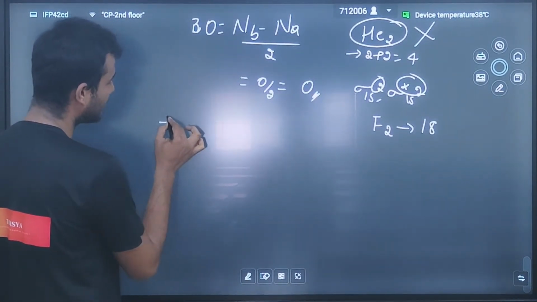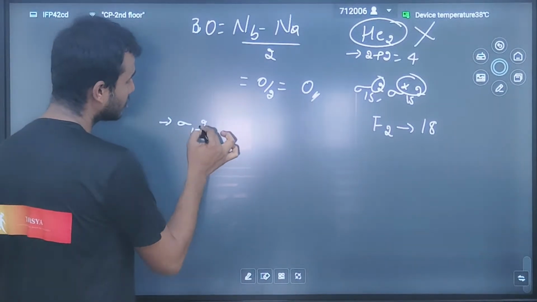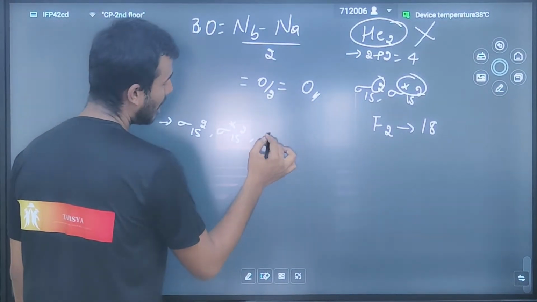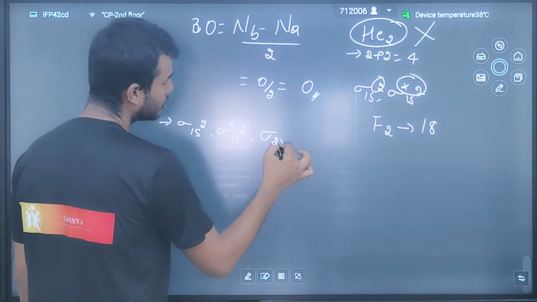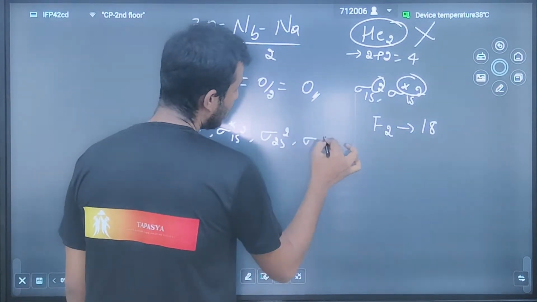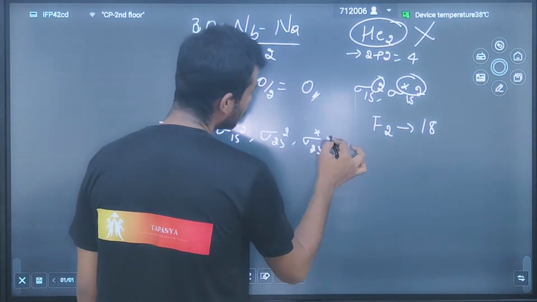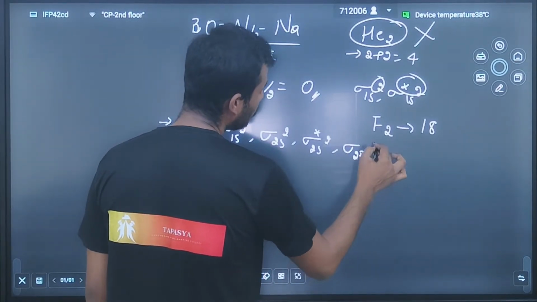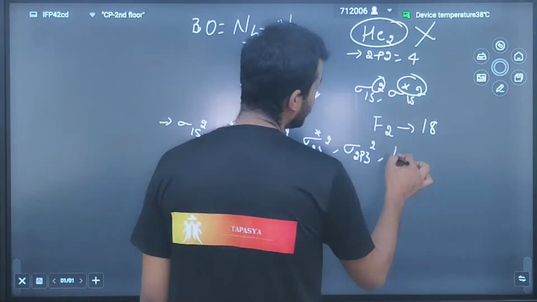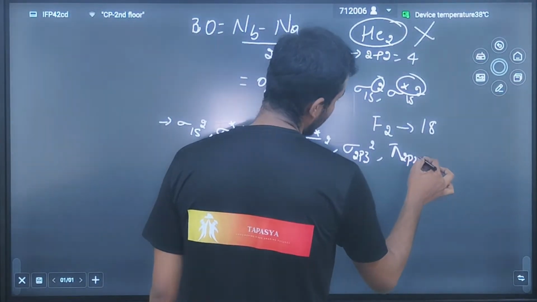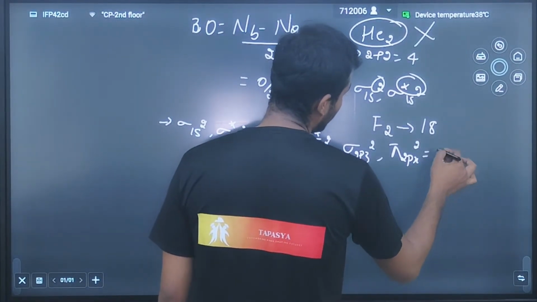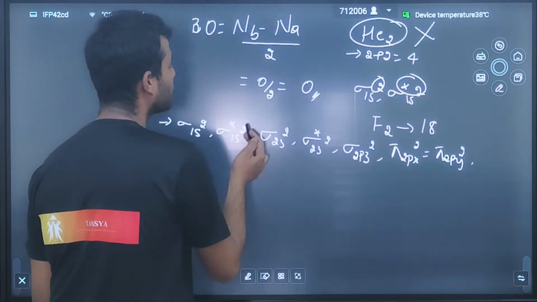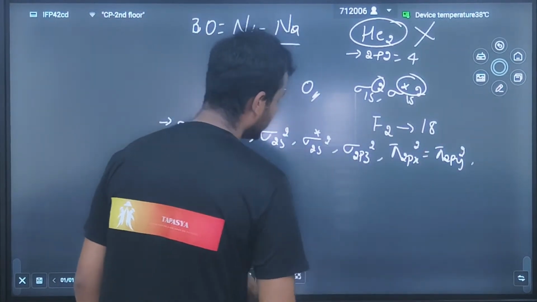First, we need to start with sigma 1s squared, sigma star 1s squared, then sigma 2s squared, sigma star 2s squared, then sigma 2pz squared, then pi 2px squared, pi 2py squared. Total 2, 4, 6, 8, 10, 12, 14.